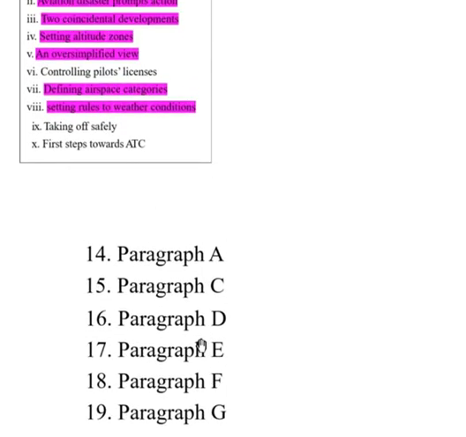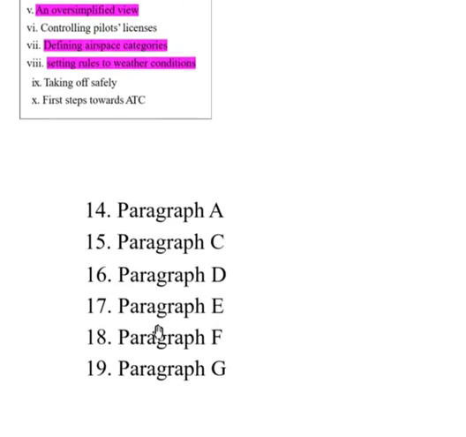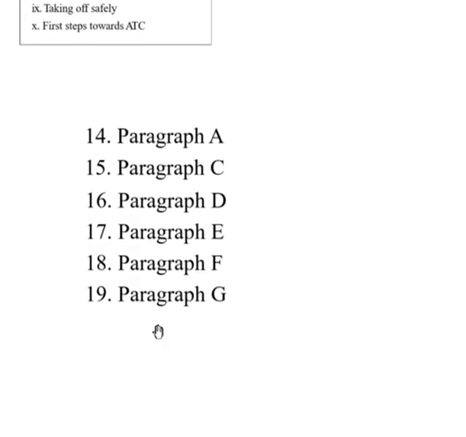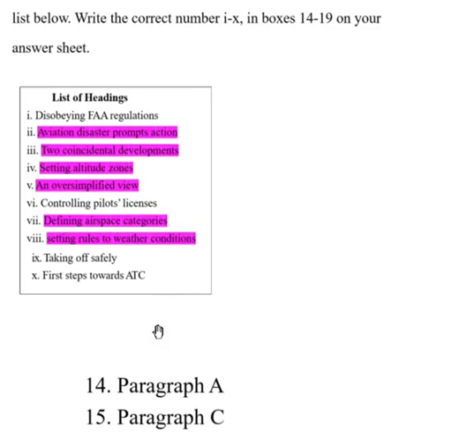Paragraph A, paragraph C, paragraph D, paragraph E, paragraph F, and paragraph G. For you to be able to answer questions like this, matching headings to paragraphs, you are expected to read paragraph A, but mind you, you are not to read the entire paragraph, even though some tests might require you to read the entire paragraph. The text itself might require you, because if you read a part of the paragraph and you still do not find your answer, you might need to read other sentences or other lines in the paragraph just for you to be able to find your answer.